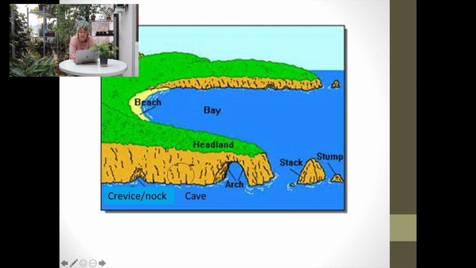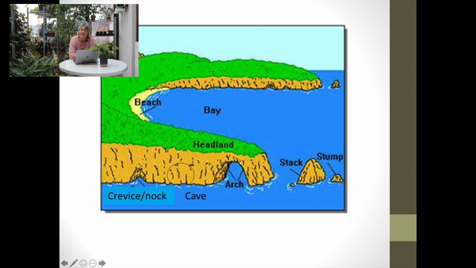Next one. Very similar with the bay and the beach and a headland, but rather than calling it a natural bridge, it's called an arch. There is a difference between a stack and a stump.